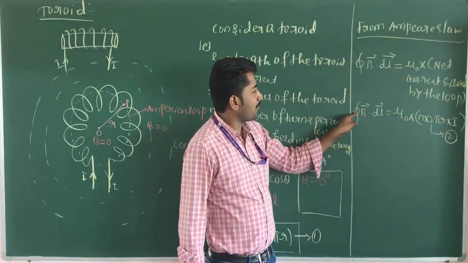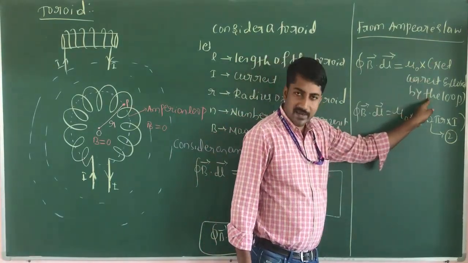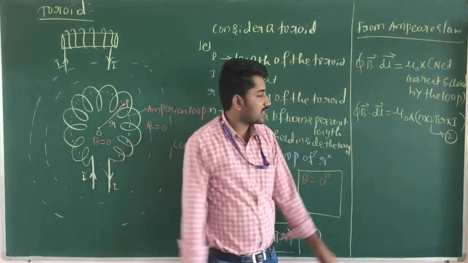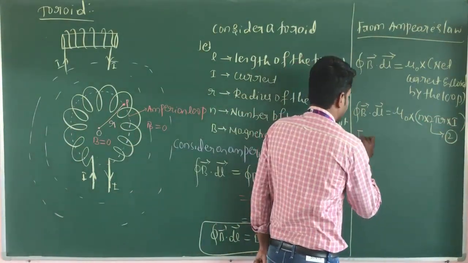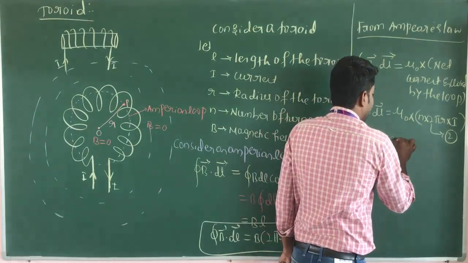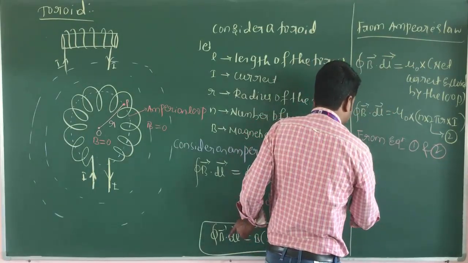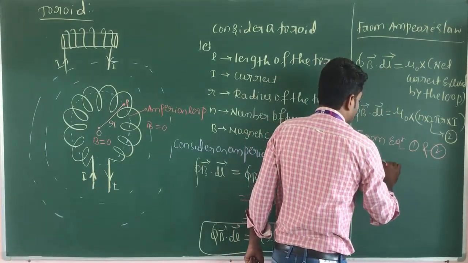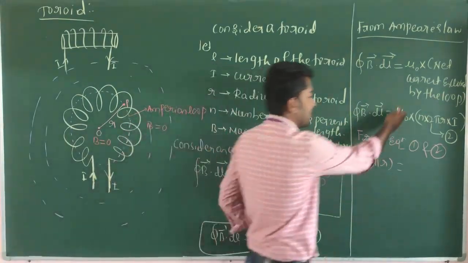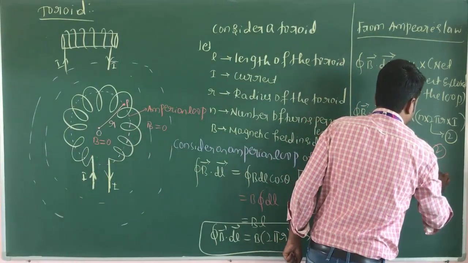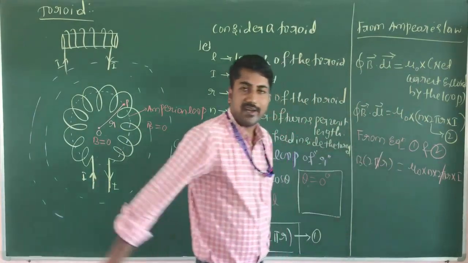The line integral of the magnetic field is equal to mu naught into the net current enclosed by the path, which contains n turns: n into 2 pi r into I. Comparing equations 1 and 2, equation 1 is B into 2 pi r, and equation 2 is mu naught into n into 2 pi r into I. Here the 2 pi r cancels.